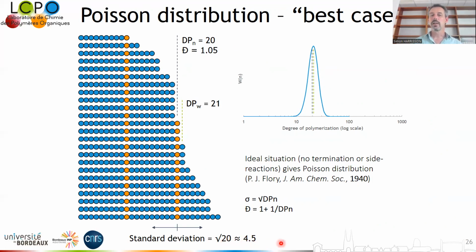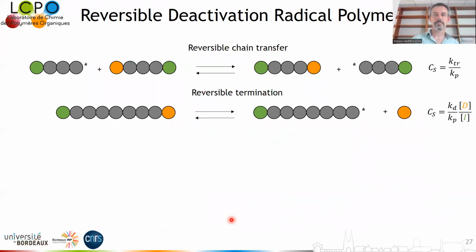So that's nearly 25% of the number average degree of polymerization. And you can see that the kinds of chains that we might encounter range in size from around about 10 to nearly 20. So there's really a relatively large variation in chain length, even though the dispersity is very small.